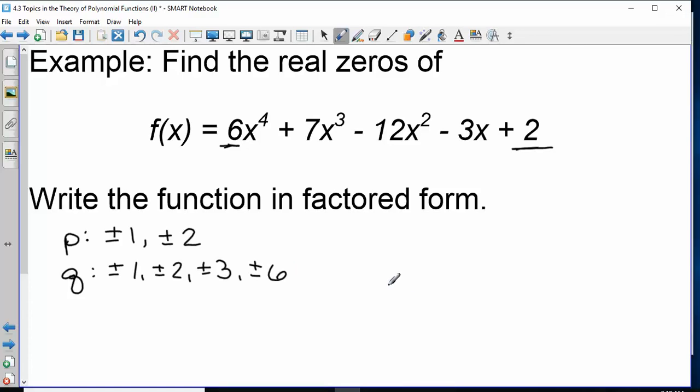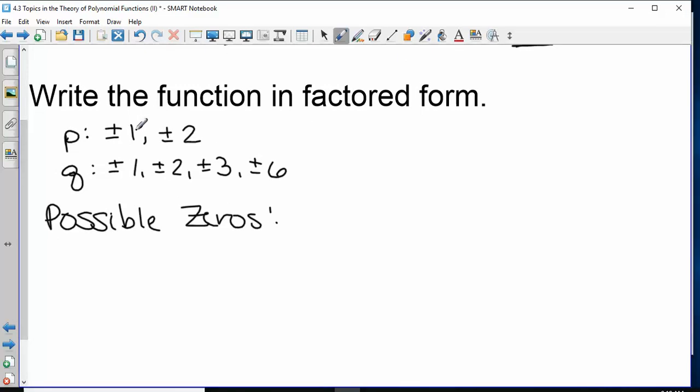Okay, possible zeros. So that's P over Q. So 1 over 1, 1 over 2, 1 over 2 would just be a half.